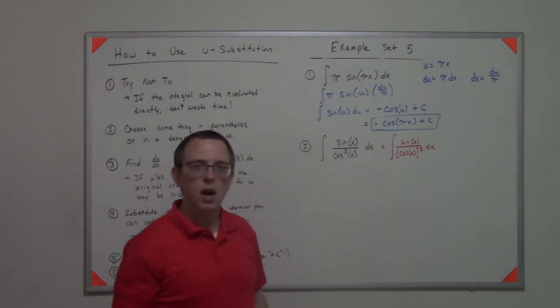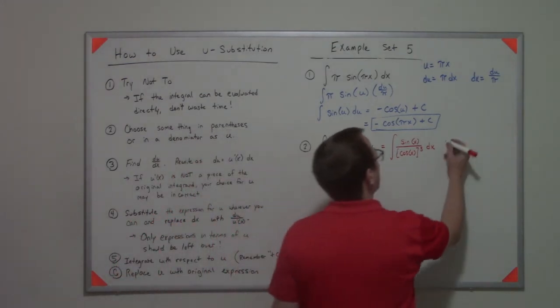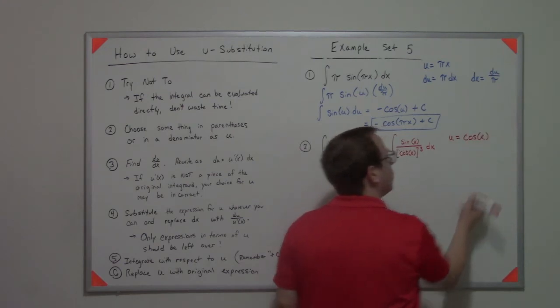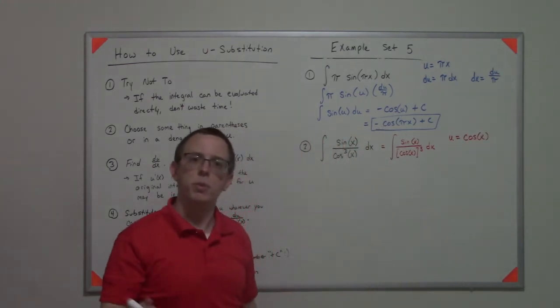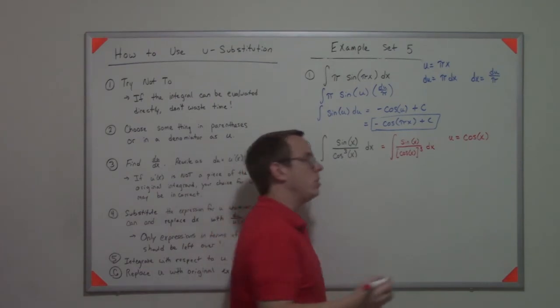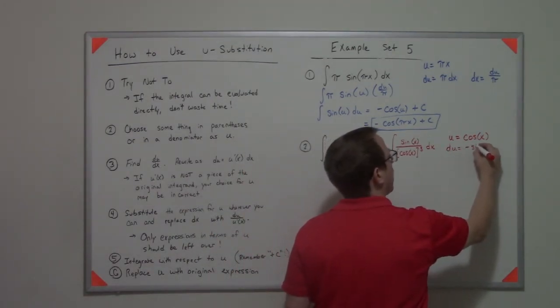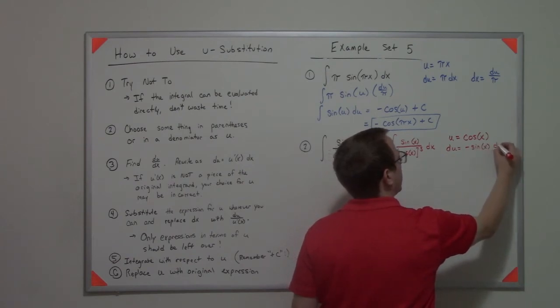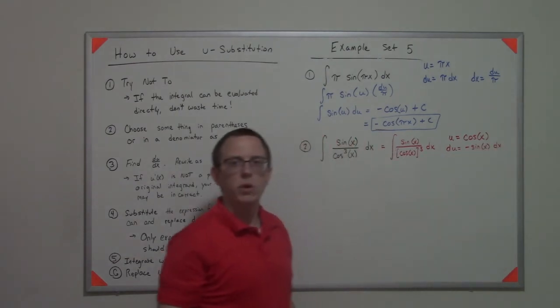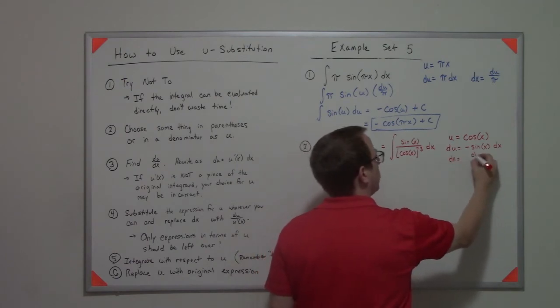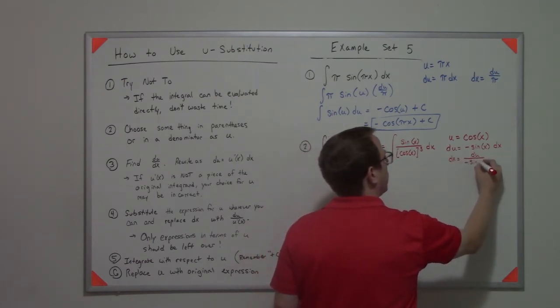So we could say, okay, that means u is cosine of x. We'll pick that. So what if I do du? Du then is negative sine of x dx. Or I can rewrite that as dx equals du over negative sine of x.